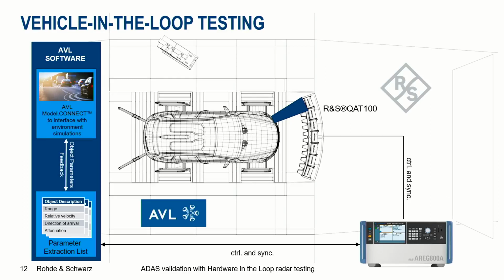That extracted parameter list is then streamed into the ARIC 800A, and the ARIC in the end then stimulates the radar sensor under test over the air using the QAT100. And therefore, one can say the vehicle as a whole system is under test and not only the radar sensor.